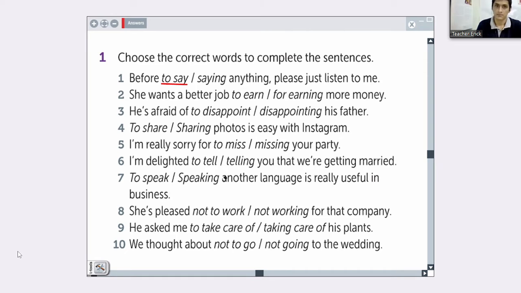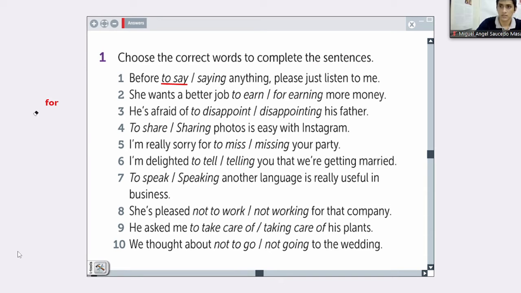Okay. Y en vez de before, ¿cómo se le llama a esta palabra? ING. ING, right? Why?